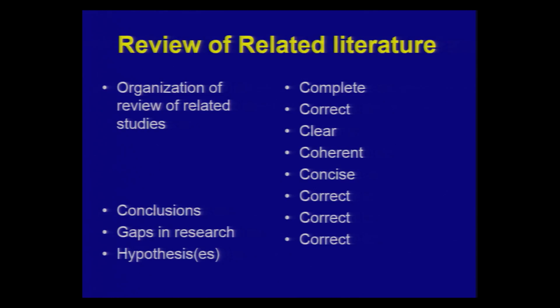So one can look at whether the review is complete. When I say complete, that means whether the person has been able to explore a variety of primary and secondary sources from where he could gather the information, or whether only a limited portion of sources of information has been tapped.